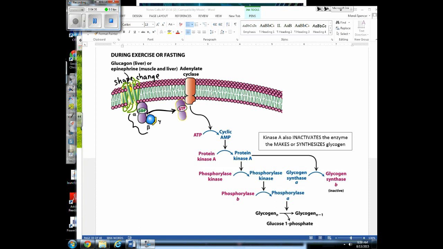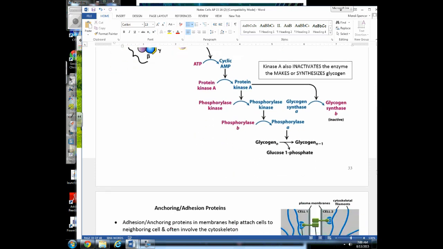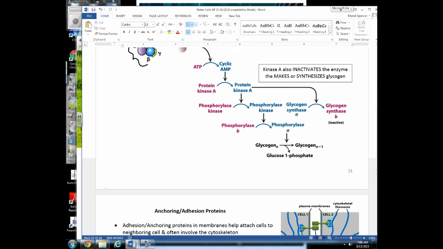Now let's go down here to the end result to see if you understand what they're showing you at the bottom. So I'm going to move this down a little bit. Remember, glycogen is made of many subunits, and that's what this N is indicating. So let's say glycogen is made of 1,000 glucose subunits. So that N is representing 1,000.